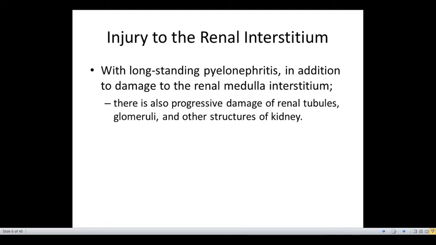With long-standing pyelonephritis, in addition to damage to the renal medullary interstitium, there is also progressive damage of renal tubules, glomeruli, and other structures of kidney.